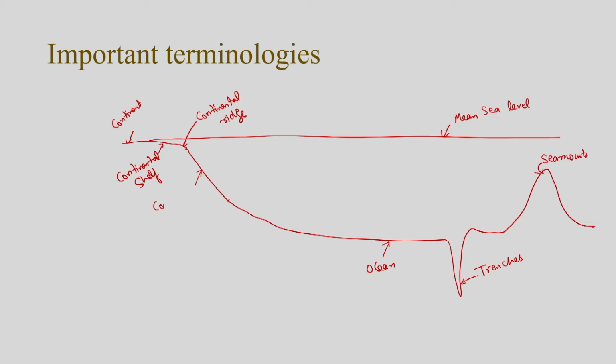So, this is called the continental slope. Okay. So, this is the continental slope.